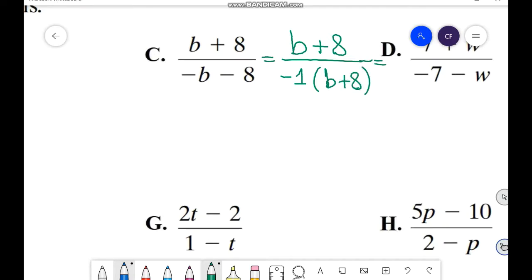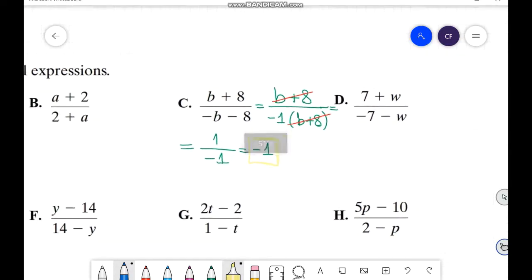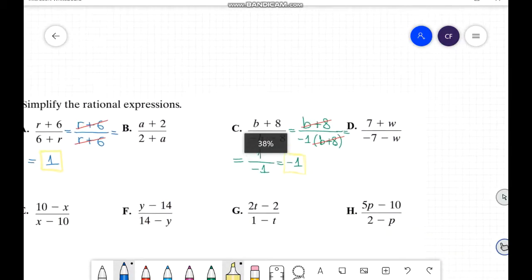And after that, yes, we can confirm that we are able to cancel, to divide b plus 8 by b plus 8, and then we have 1 over negative 1. And this equals negative 1. Pretty simple, pretty easy. The first questions are not difficult at all.